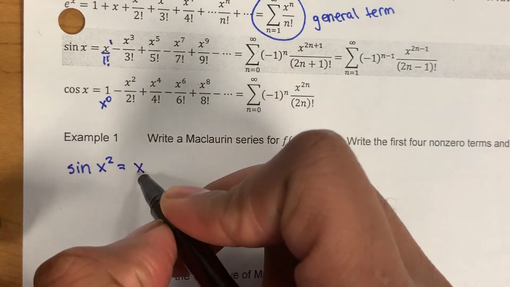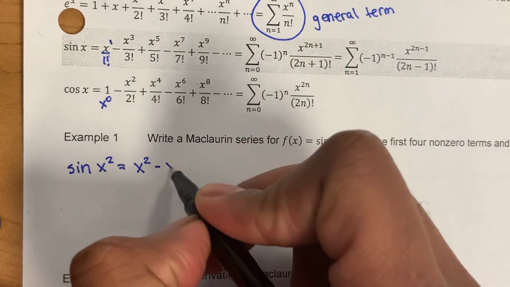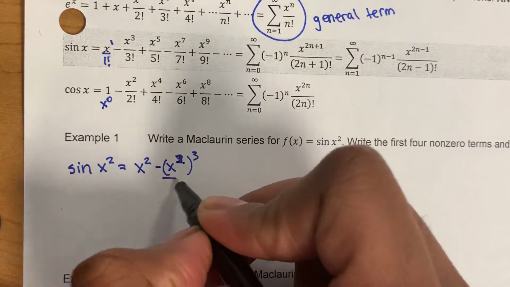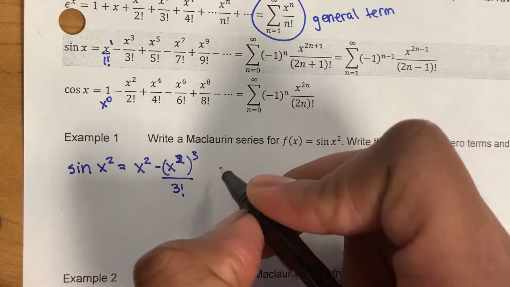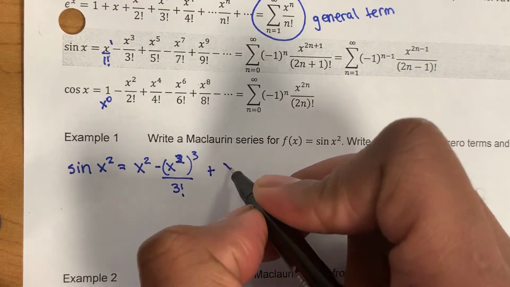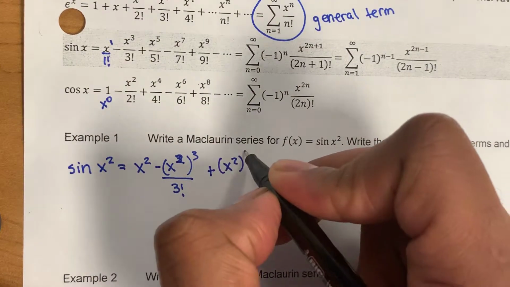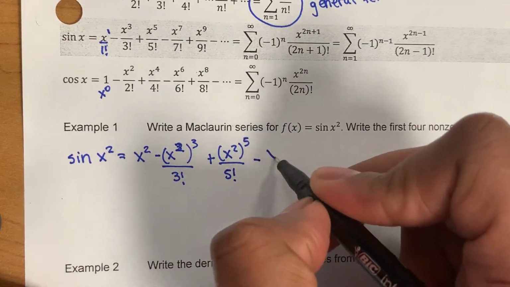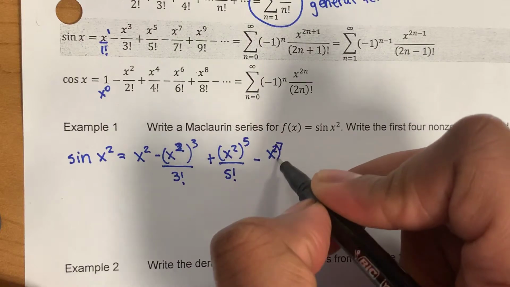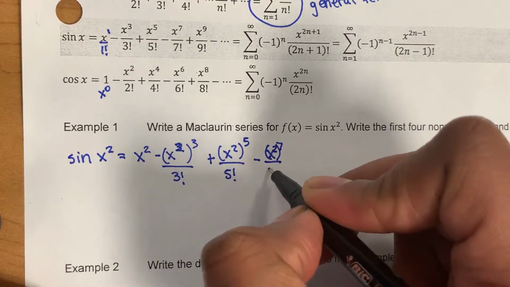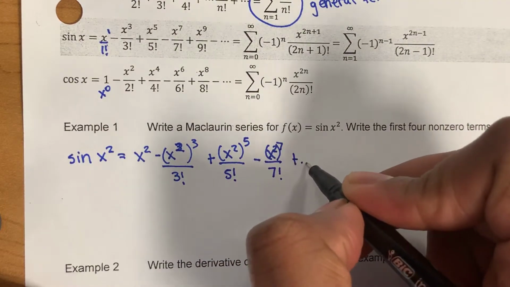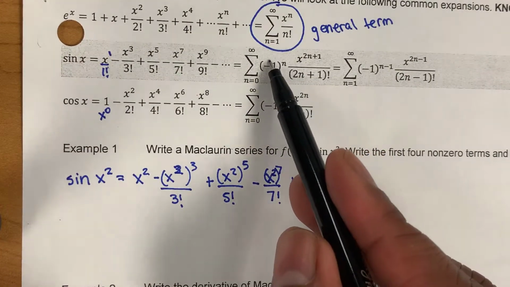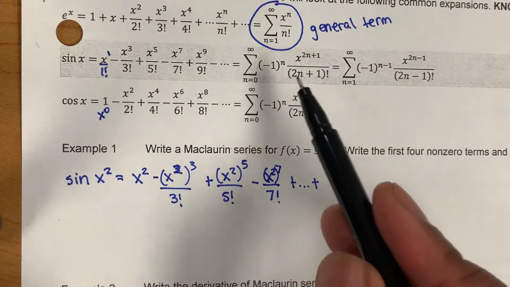So we're going to have x squared minus x squared cubed over 3 factorial plus x squared to the 5th over 5 factorial minus x squared to the 7th over 7 factorial plus, and then when we're substituting in the general term, we're going to use this where we start at n equals 0.